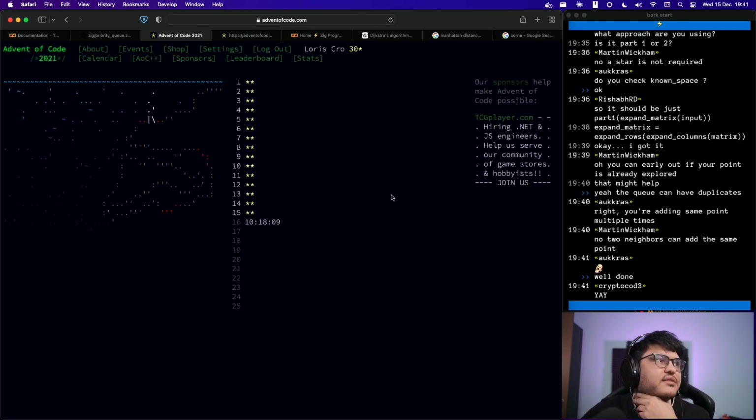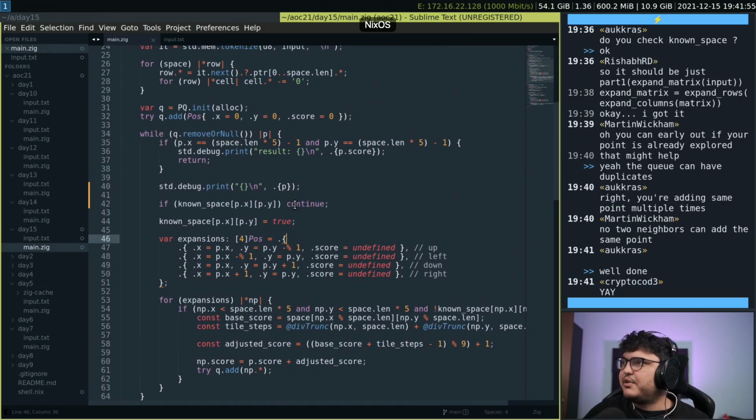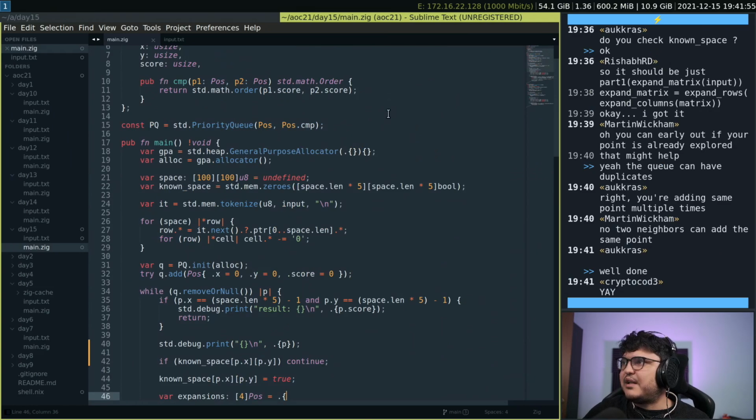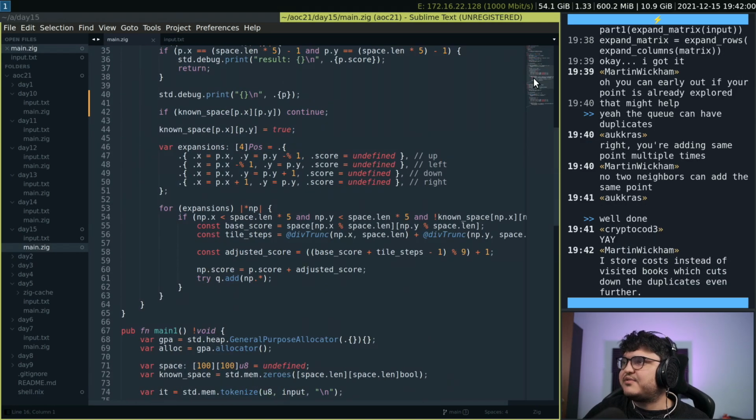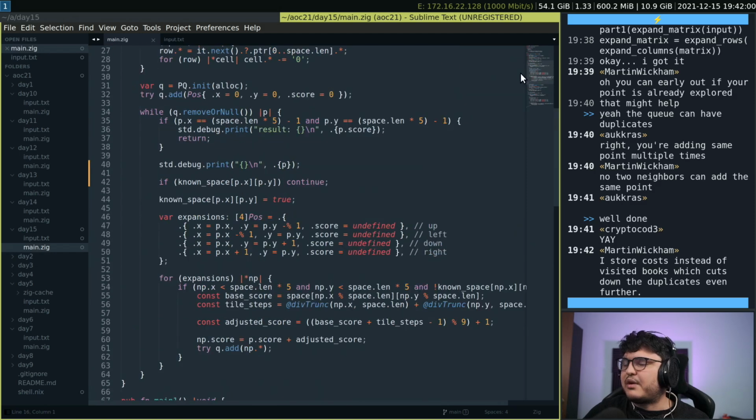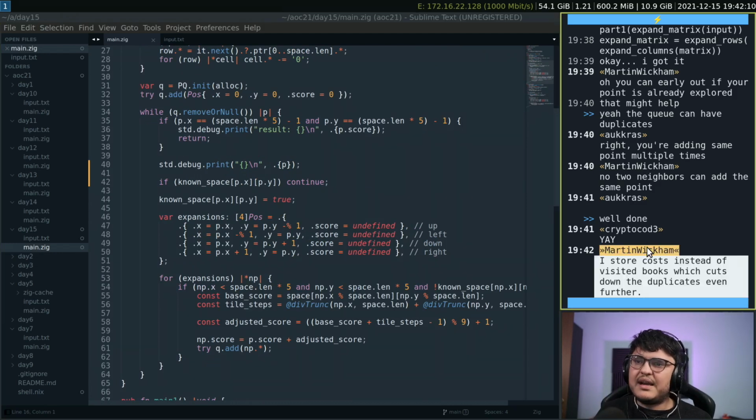So this was what, 1 hour 48? That's reasonable, considering that I didn't implement the priority queue. I did implement Dijkstra though. I'm proud of that. Thank you everyone who helped. I store cost instead of visited moves, which shuts down the duplicates even further.